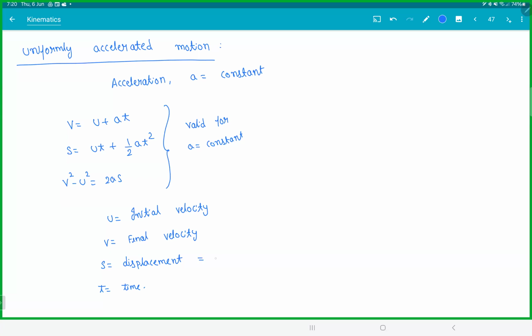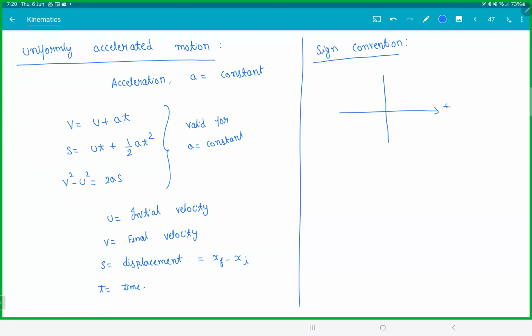So displacement is nothing but the final position minus initial position. So here we have a sign convention. We take right positive, up positive, left negative, down negative.